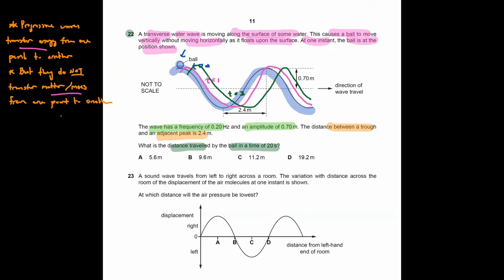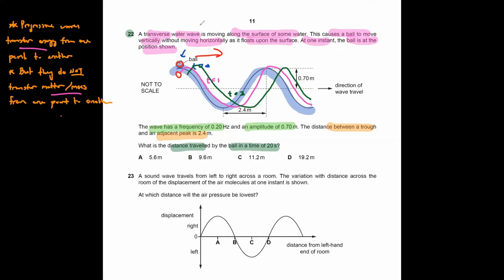So as the wave profile keeps moving with time, this ball here that you see will not go along with the wave profile. The wave profile is moving towards another position, but the ball itself will not follow the wave profile. What it will actually just do is oscillate up and down. If you look at the pink colored line that I just drew representing t equals 1, the ball will actually start to move downwards in the next 1 second.